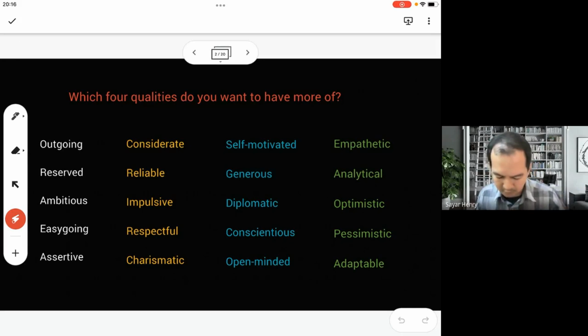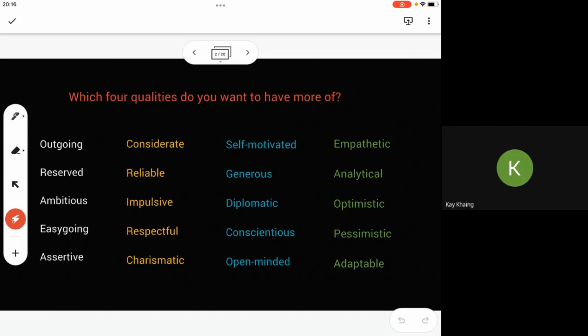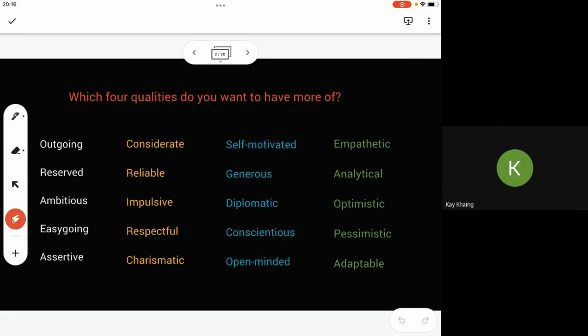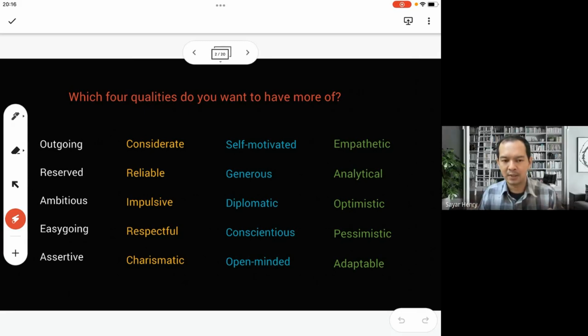I didn't put it, but just make a note of it. Assertive people are positive, those people who are open and direct with their emotions or opinions, but in a respectful manner. So it's a very important distinction between assertiveness and aggressiveness.